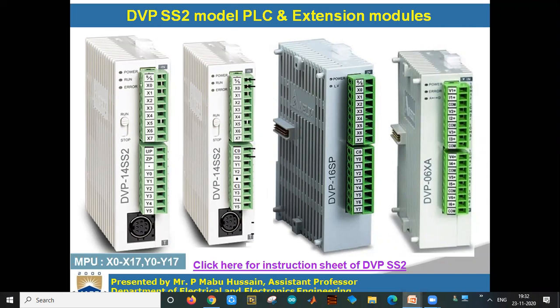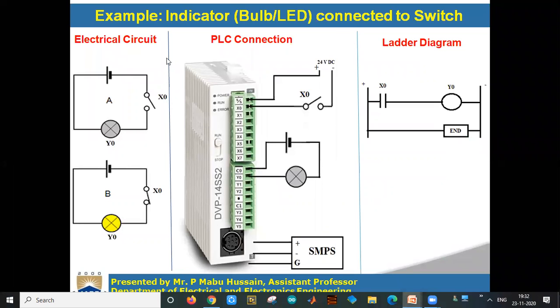Let us see one simple example. Okay, I'm taking a simple example, which is an indicator, in the sense it may be either a bulb or LED, connected to a switch. Okay, so if you observe the electrical circuit, one switch is connected to one indicator and one source.